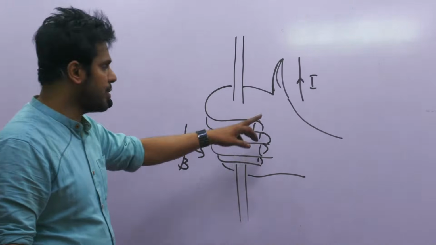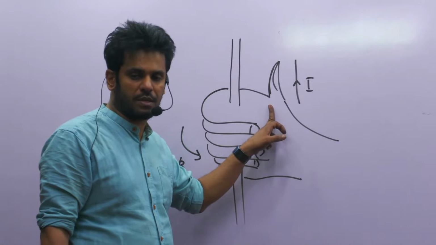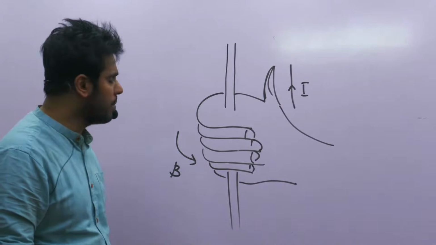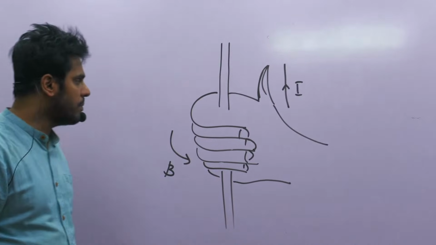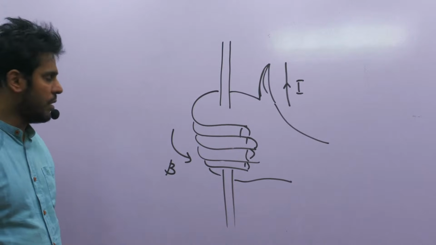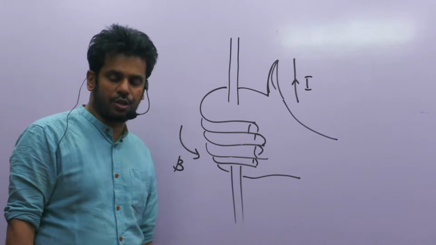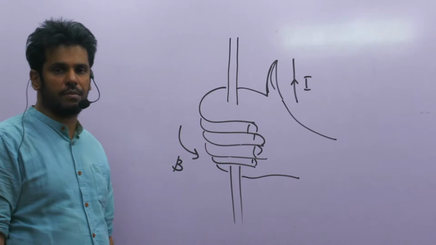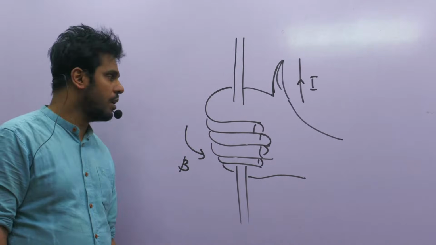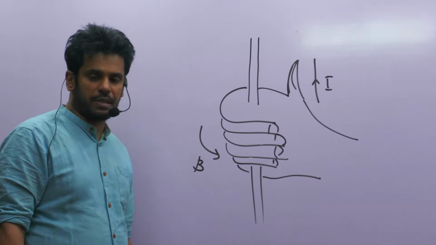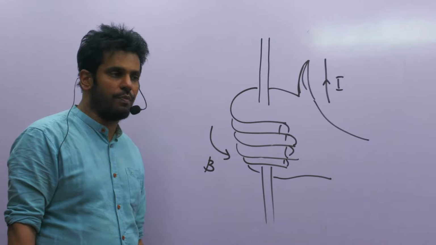When direction of thumb represents direction of current, direction of other fingers represents direction of magnetic field.